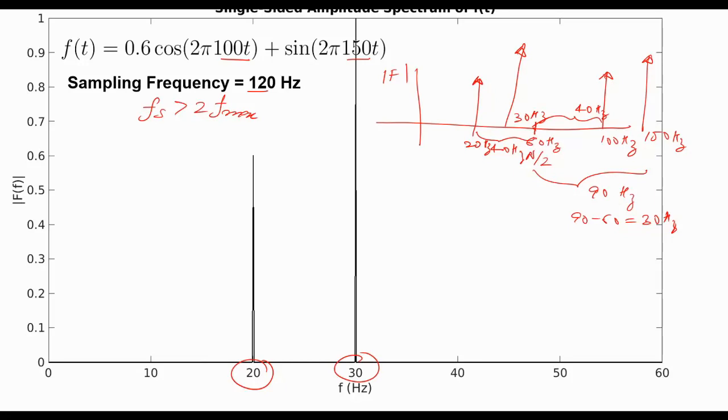So the point to note over here is that we clearly know that our signal, in this case, because we know the continuous signal, has frequencies of 100 Hz and 150 Hz. But in experiments, you would not know what the frequencies are in the actual physical phenomena that you're trying to measure.